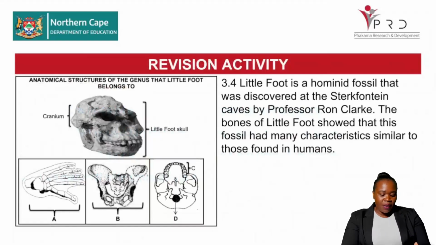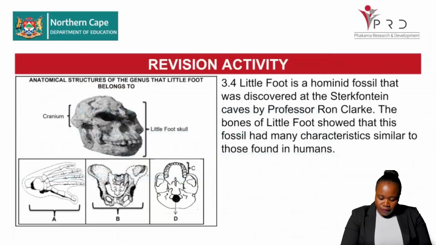Okay, let's have a look at our last activity. It says Littlefoot is a hominid fossil that was discovered at the Sterkfontein caves by Professor Ron Clark. As you go through this, you should also know the people who discovered the fossils. You should also know where the fossils were discovered.